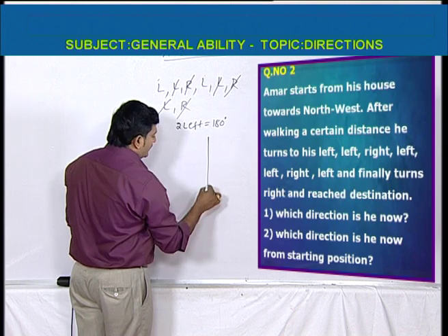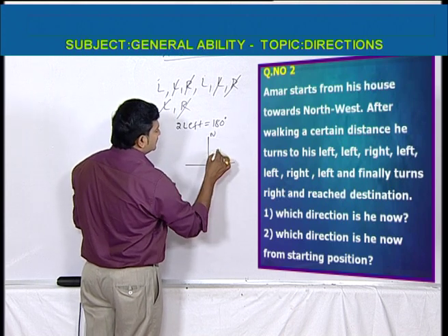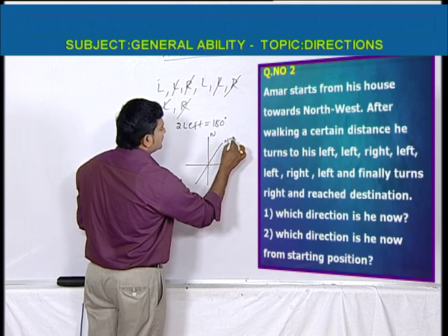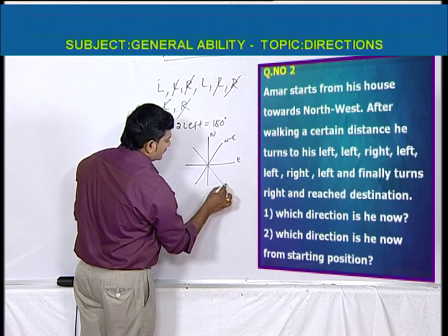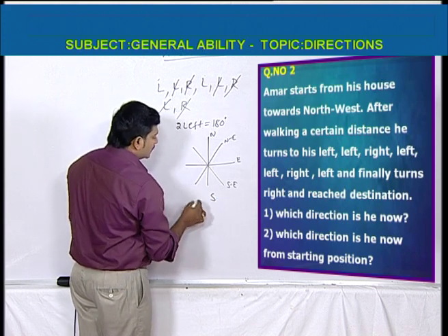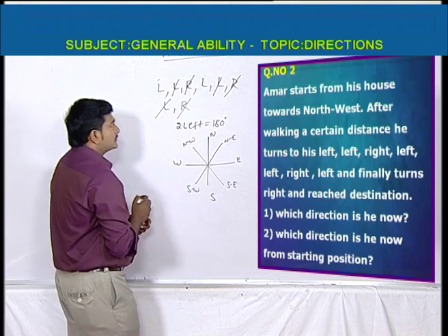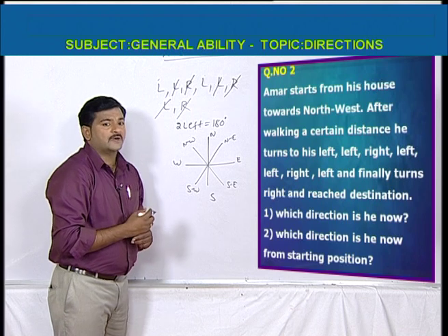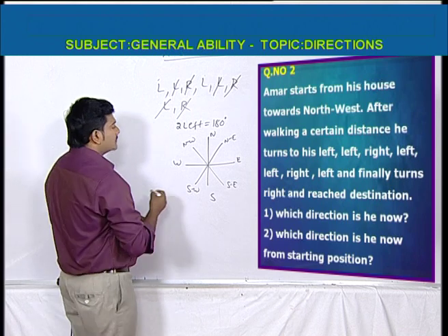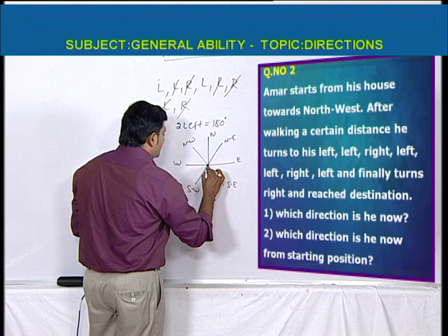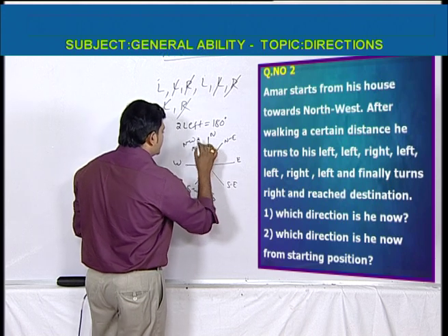So let's take a rough diagram. Here north and northeast, here east, here southeast, south, southwest, west and northwest. Now the person, Amar, is walking towards northwest. Observe here, let's say Amar is there. Amar is walking towards which direction?